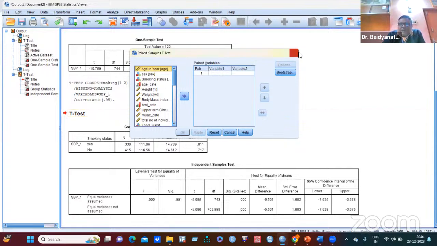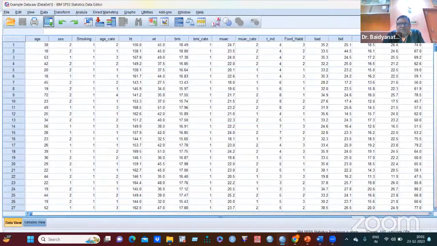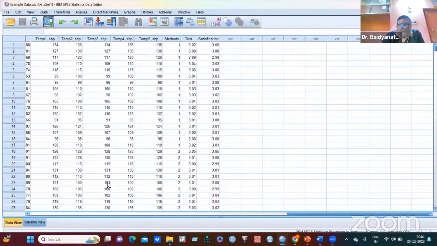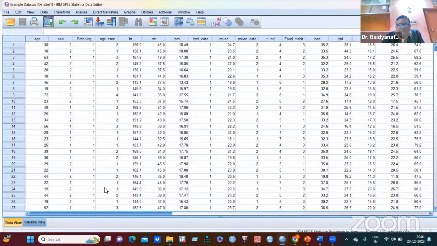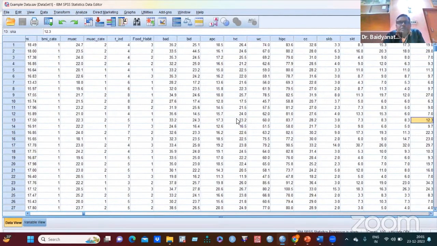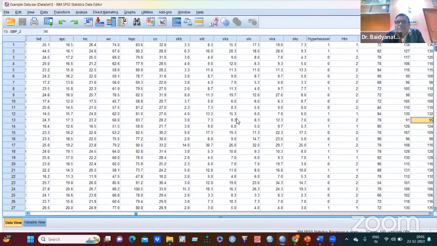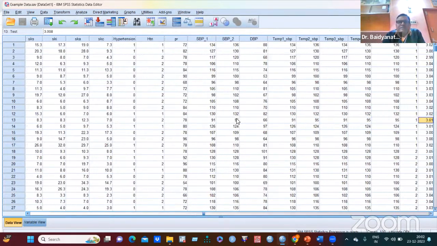So suppose here we have data, systolic blood pressure. Here is SBP1, the first time measurement, and SBP2, the second time measurement.